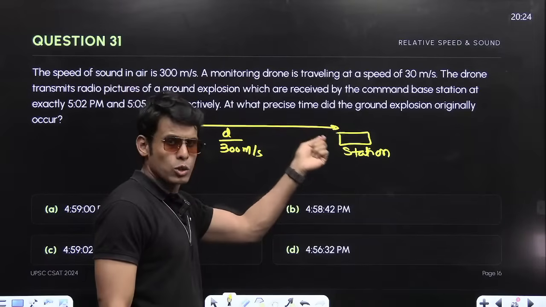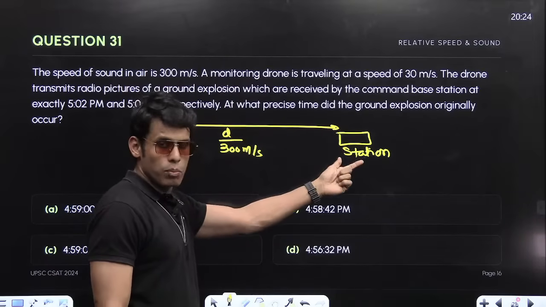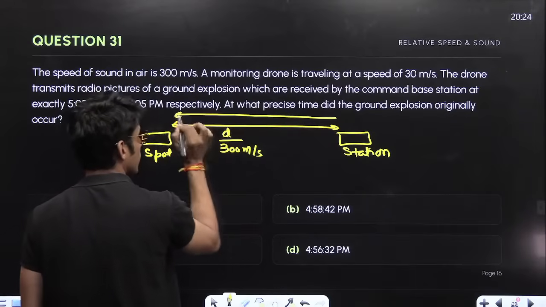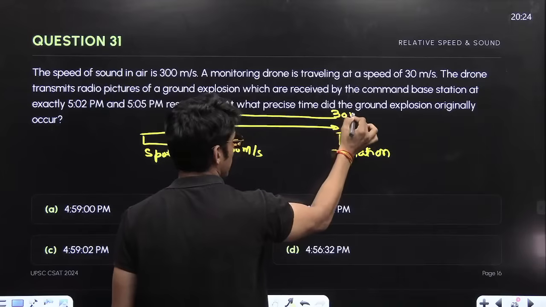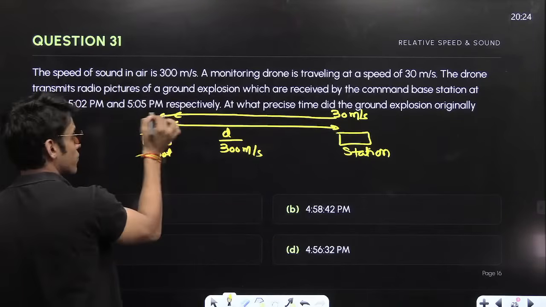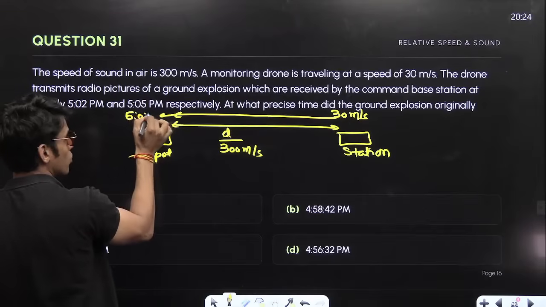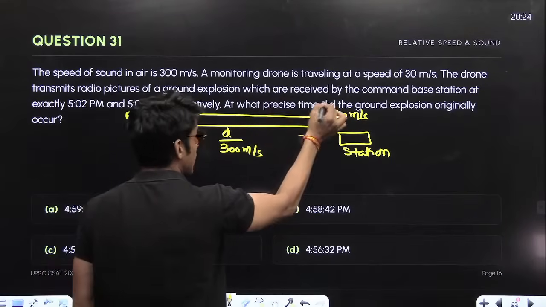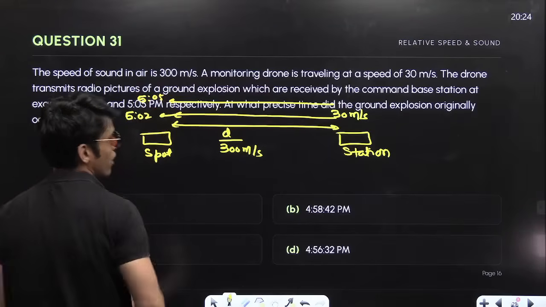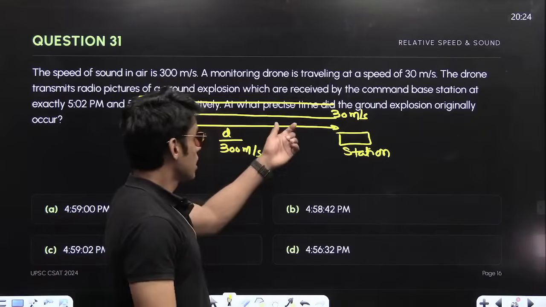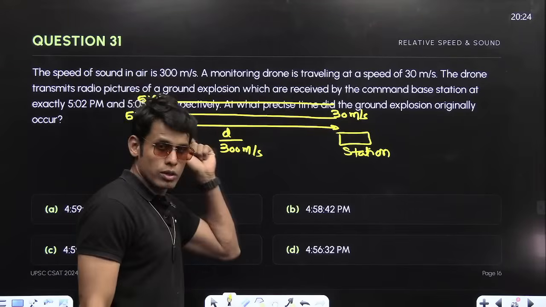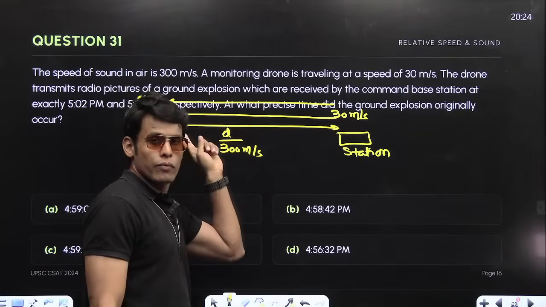Then as soon as the station people heard the sound, a drone went here with speed 30 meters per second and clicked a picture. This picture was received at 5:02. Then another drone went and shared the picture at 5:05. And it was written that immediately after the first picture was received, the second drone started moving.